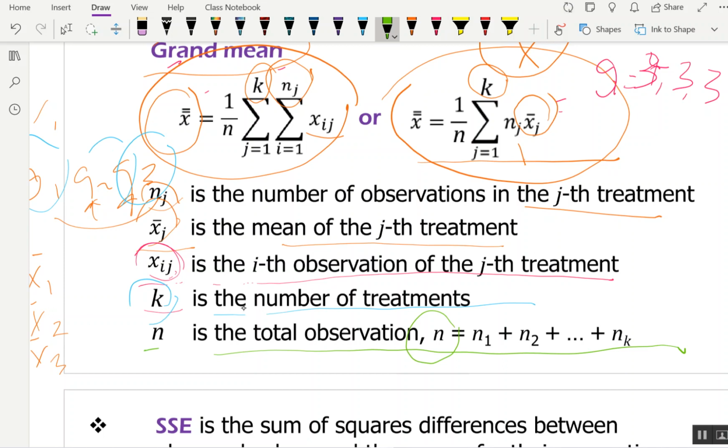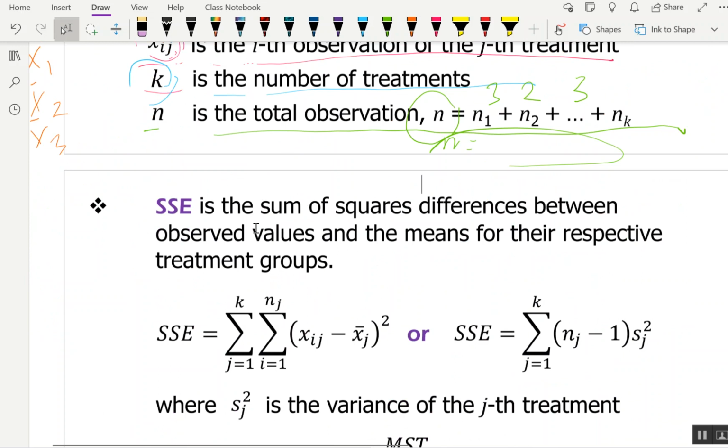Let's say your sample size of group 1 is 3, maybe the sample size of group 2 is 2, and maybe here you got 3. So you add up and you get your grand total for the whole set of observations. But if your n is equal for each of the treatments, you just add up everything. The n can be the same, or it can also be not the same.